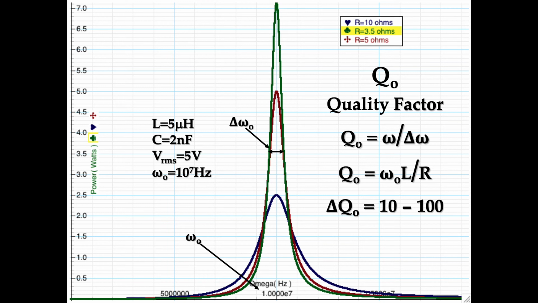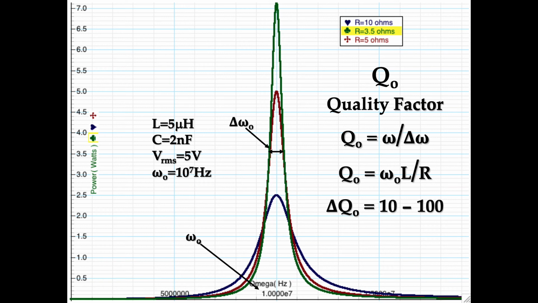So you got to go to half the peak height and find the two frequencies at which half the peak height occurs. Take the difference between those frequency values and you get delta omega.